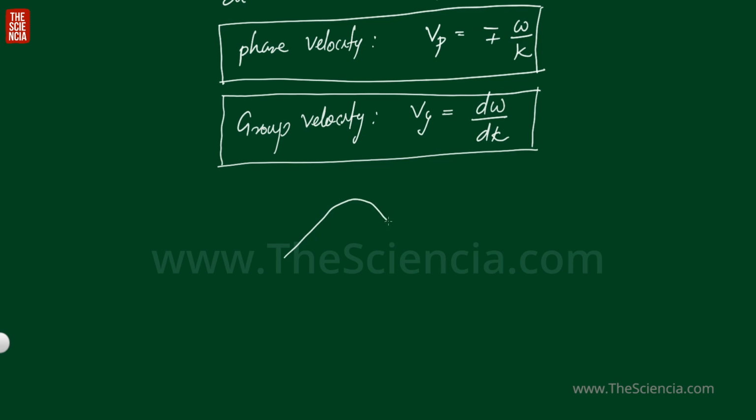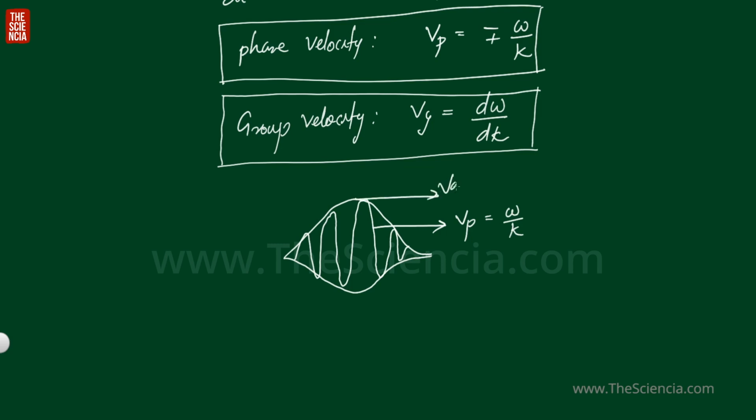So in the case of a wave packet, these are the individual waves with different wavelengths, and the velocity of these waves is called Vp, that is omega by k, and the velocity of the entire group, that is the velocity of this envelope, is called group velocity Vg, that is d omega by dk.